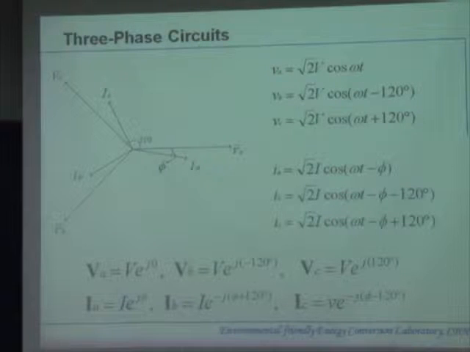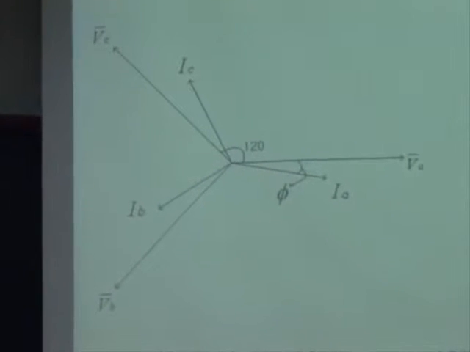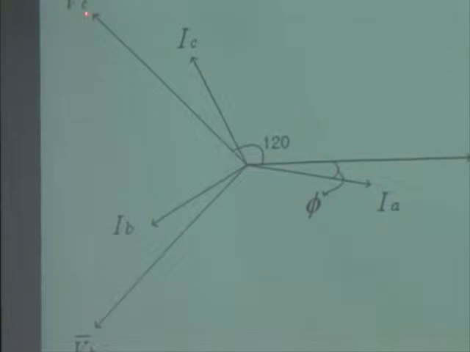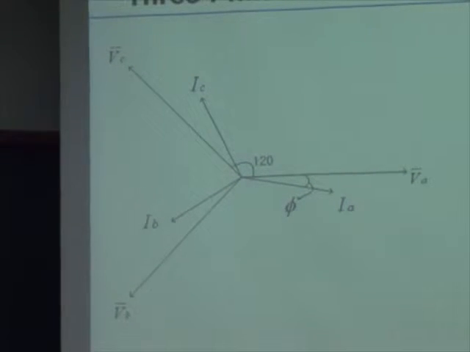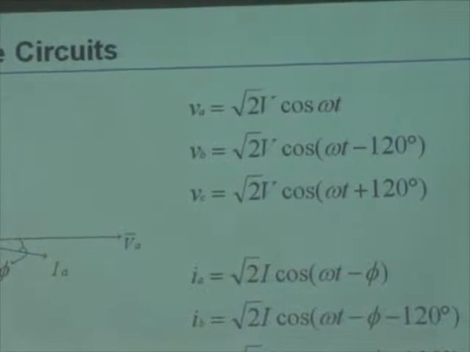So this is a positive-way balanced system. If we have a negative-way balanced system, this is VA and this is VC and this is VB. Okay? But the industry standard is this, the positive manner balanced.